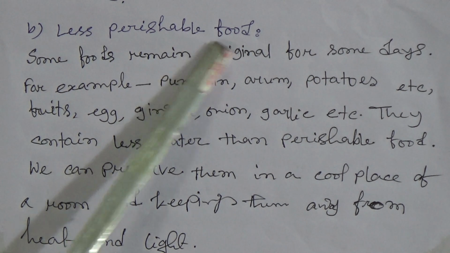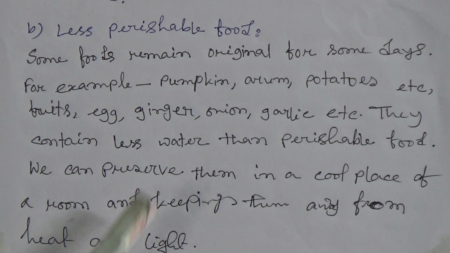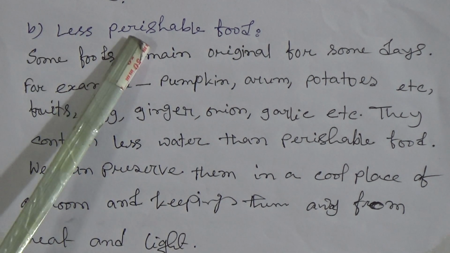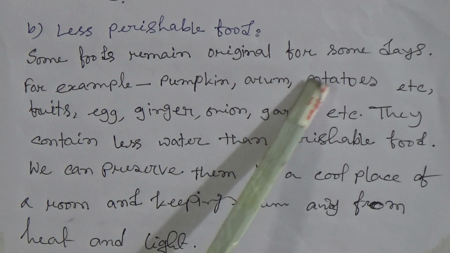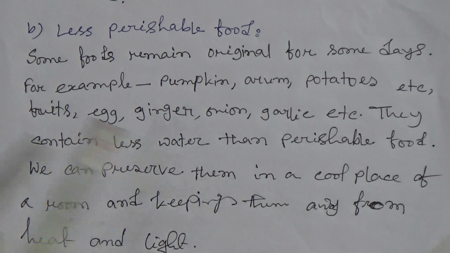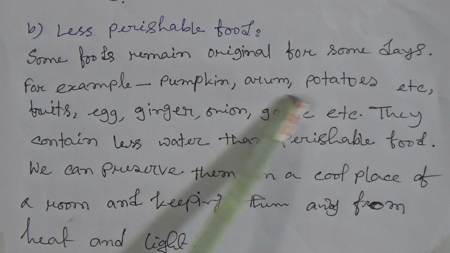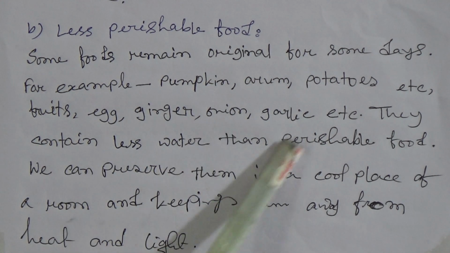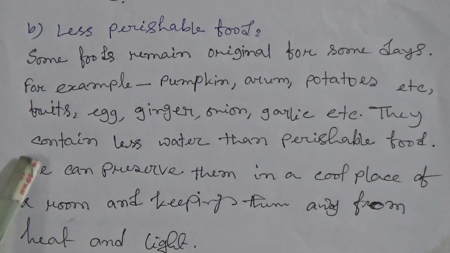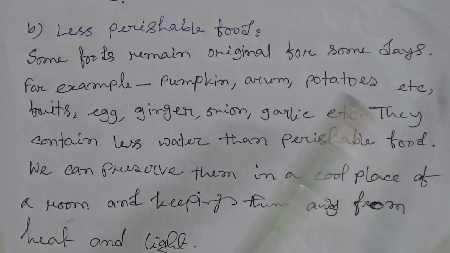Now the less perishable food, that means these foods are actually less perishable than the perishable foods. Some foods remain original for some days. For example, pumpkin, aram, potatoes, etc. Fruits, egg, ginger, onion, garlic, etc. They contain less water than perishable food.